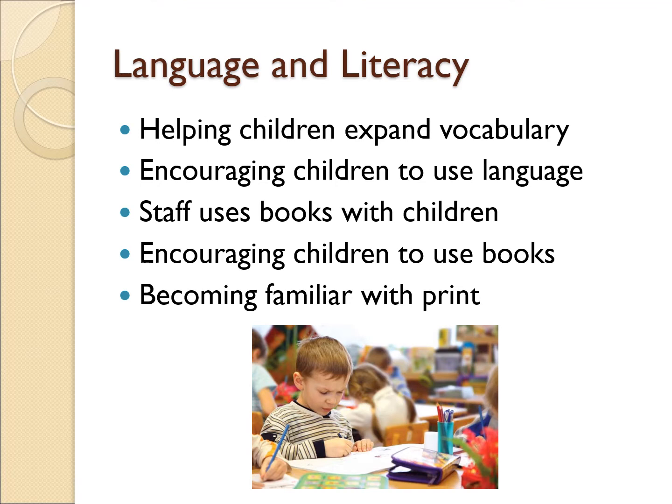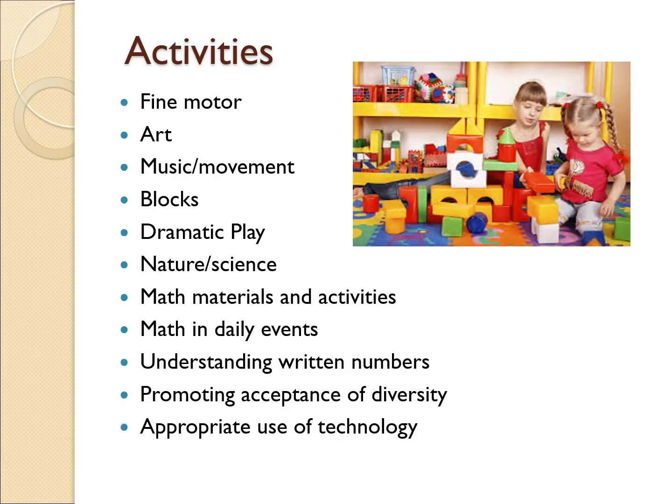Language and literacy focuses on vocabulary, encouraging children to use language, books, and how we use books. Activities include mostly curriculum items like fine motor, art, blocks, dramatic play, technology.